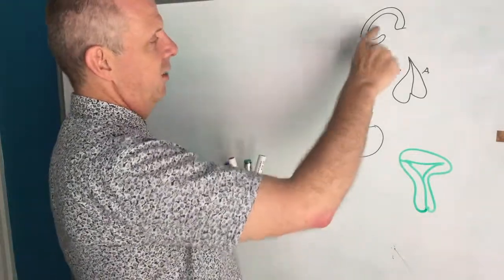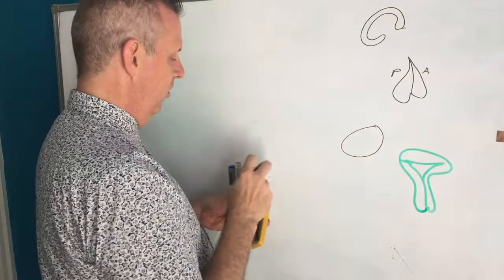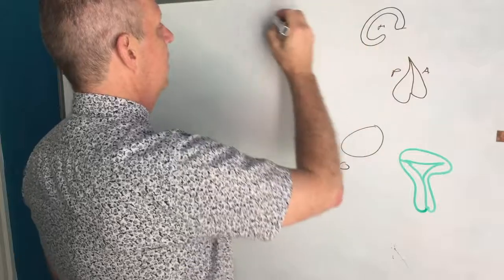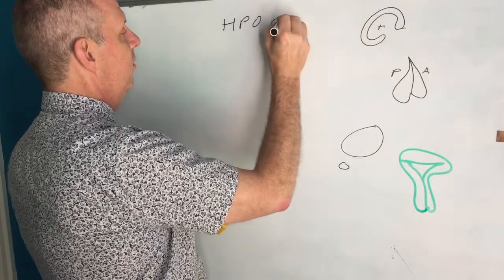And there's basically a relationship between the hypothalamus, the pituitary gland, and the ovary. And we refer to that as the HPO axis.